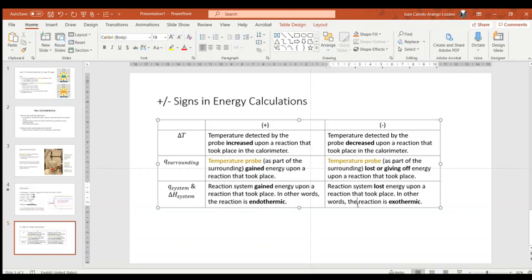Conversely, if we are looking at the reaction system and the system is losing energy upon the reaction, that means that we have an exothermic reaction, which means that the system is losing energy and therefore the surroundings are winning that energy that is getting freed by the system. You can think of it as an explosive.